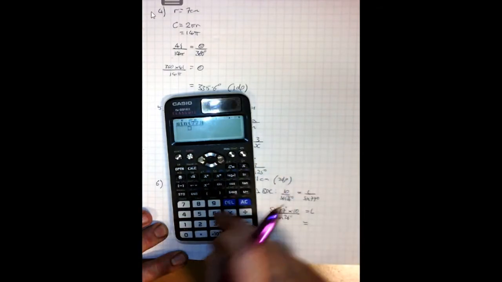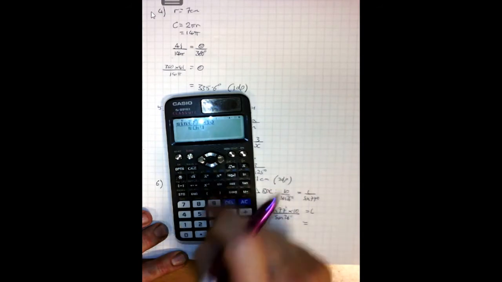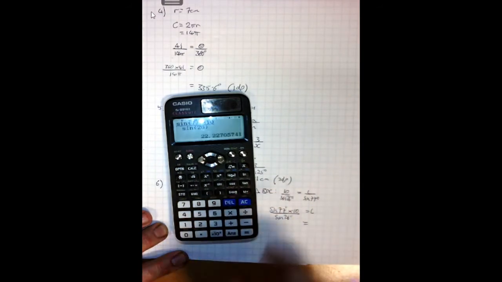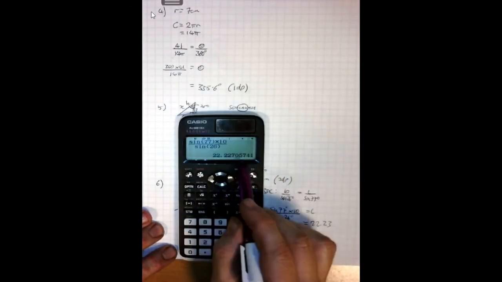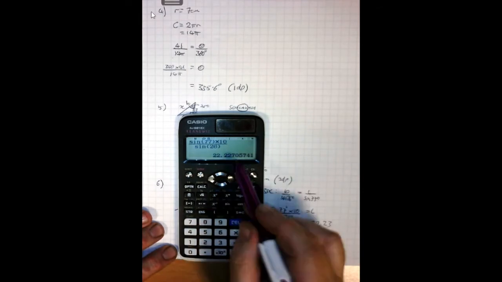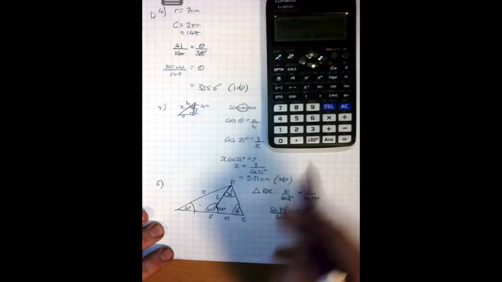It's going to give me some number. Sine 77 times 10 over sine 26. 22.23. I'm going to leave that in my calculator.